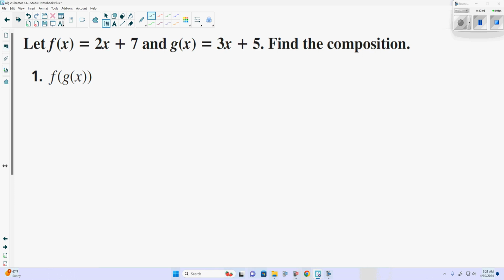Let f of x be 2x plus 7 and g of x be 3x plus 5. We want to find f of g of x. Since we're looking at g of x, first we can just replace g of x with its function, because we plugged x into g of x, which is just giving us the same function back.